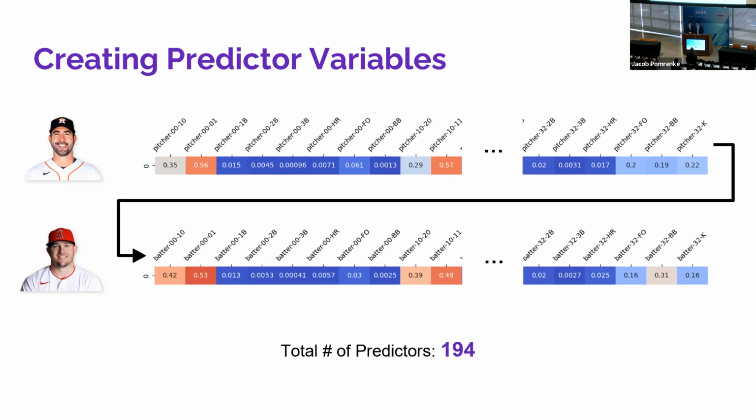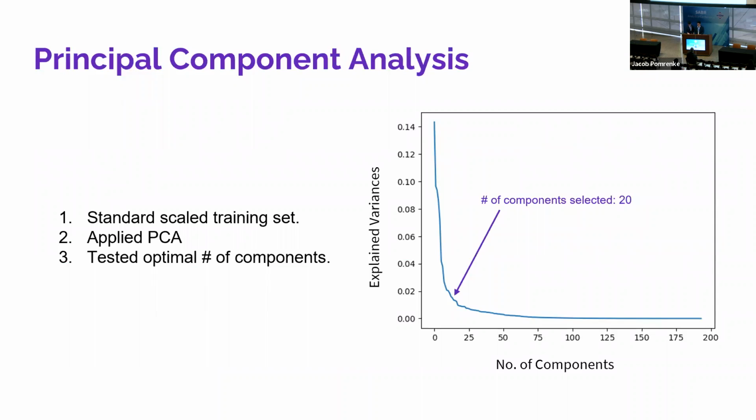So we ended up having a total of 194 predictors. And then we applied the principal component analysis to it because through trial and error and testing, we found that reducing the number of features down to about 20 will give us slightly better results.